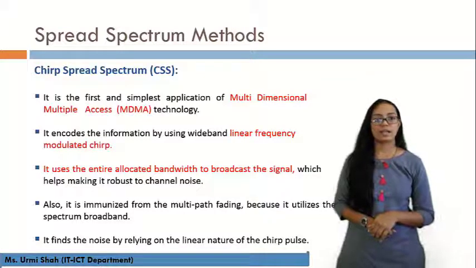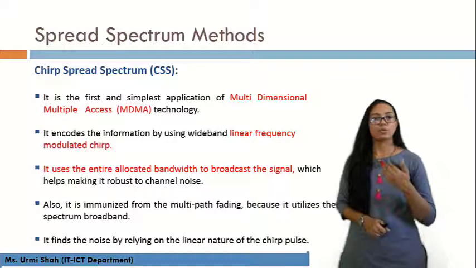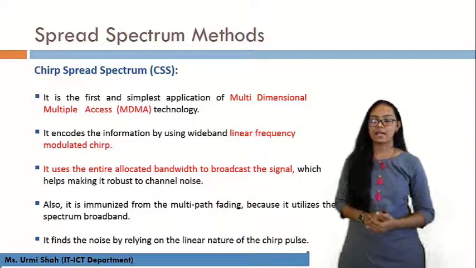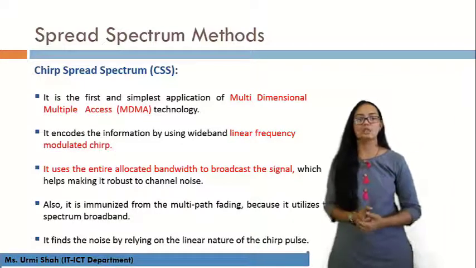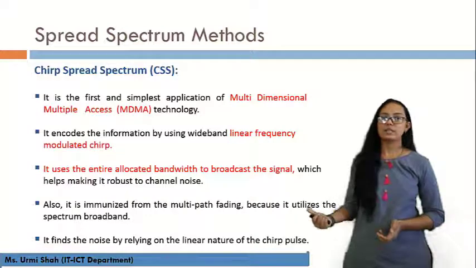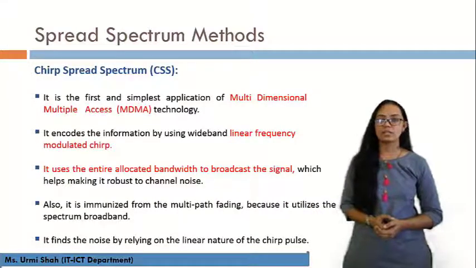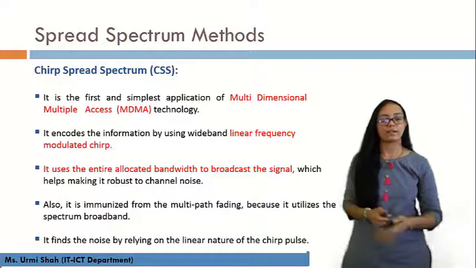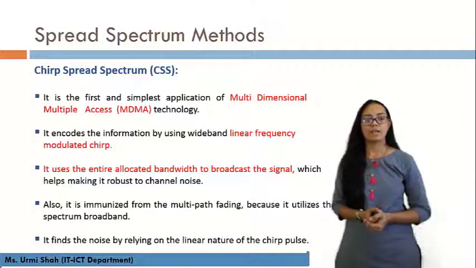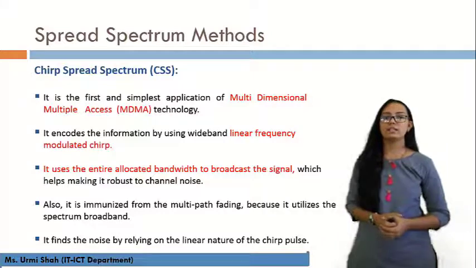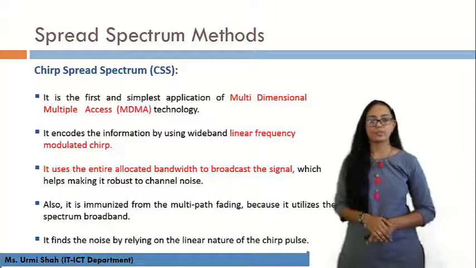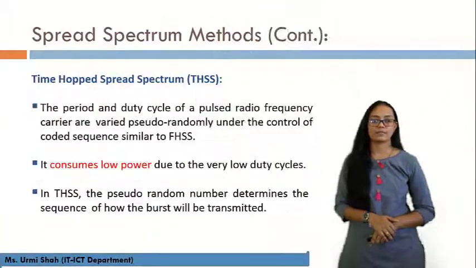It uses the entire allocated bandwidth to broadcast the signal, which helps make it robust to channel noise. Also, it is immune to multi-path fading because it utilizes the whole broadband spectrum. It rejects noise by relying on the linear nature of the chirp pulse. So this is about CSS.